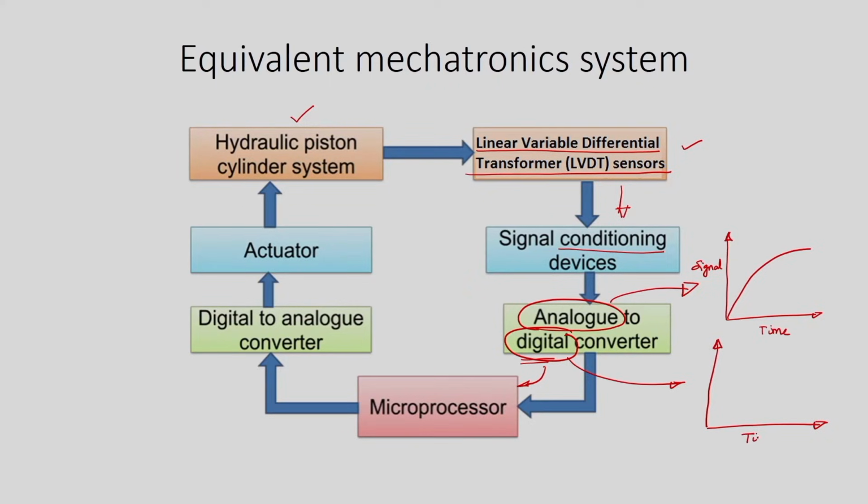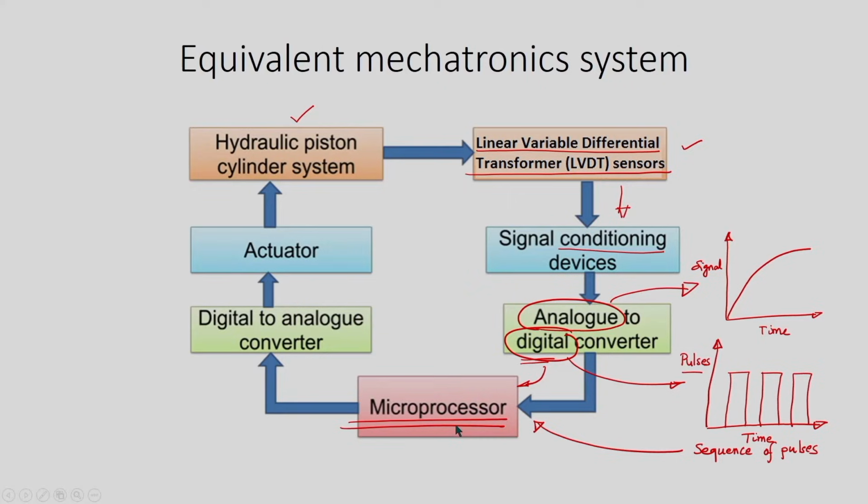So, we are getting the signals in terms of pulses, a sequence of pulses is the digital input. Microprocessors understand digital signals only. That is why we have to convert the analog signal into digital form.